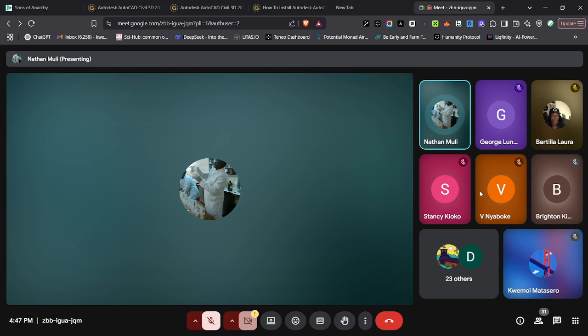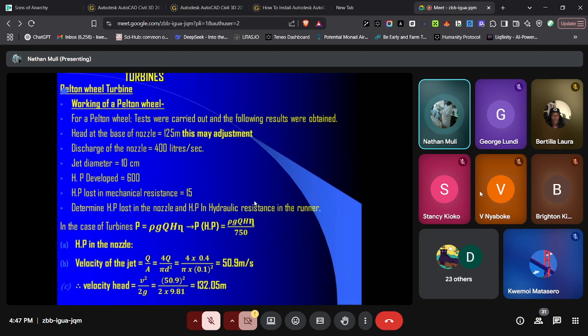Velocity of the nozzle equals to, you're looking for the horsepower in the nozzle. Velocity of the jet equals Q by A, which is 4Q by pi d squared, which is equal to 0.4 by pi by 0.1 squared, and that translates to 50.9 meters per second.